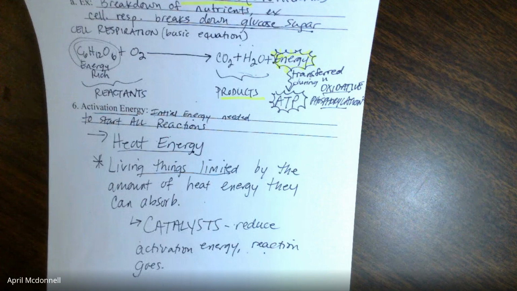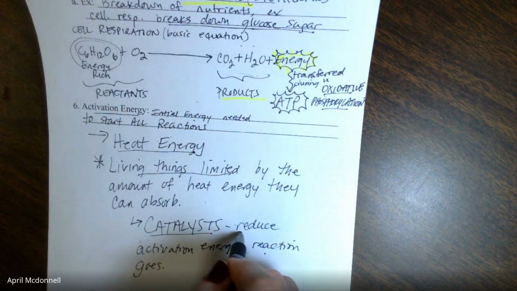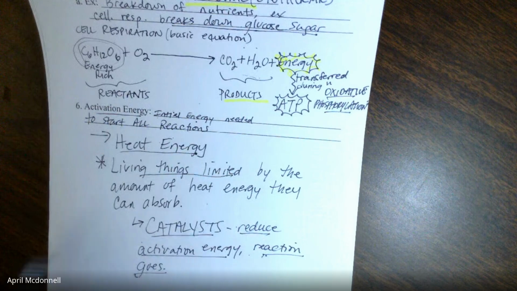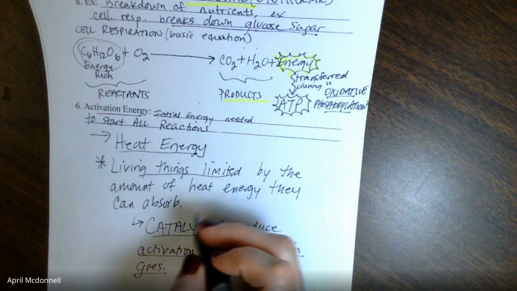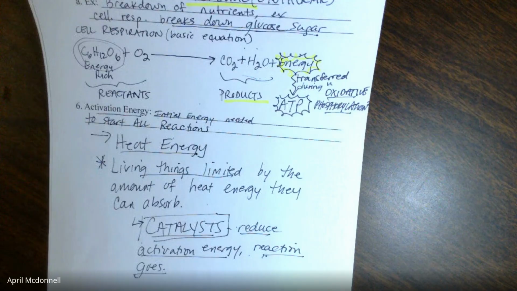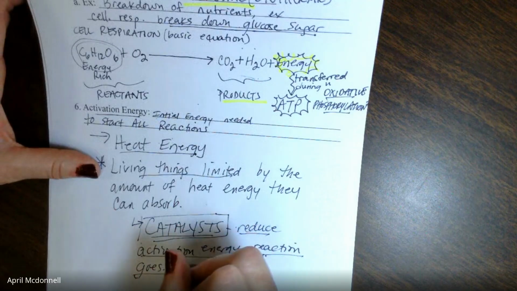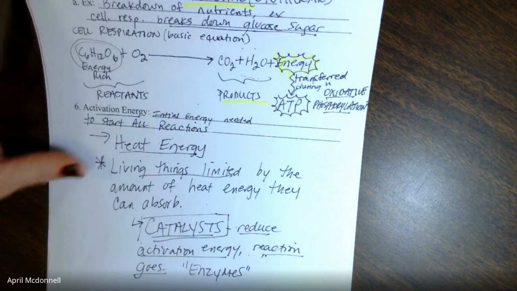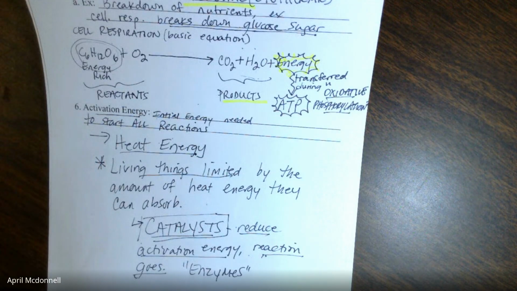So living things have to have a workaround called a catalyst, which will reduce the activation energy that is needed and basically jumpstarts the reaction. We're going to talk more about the specific type of catalyst that living organisms need pretty soon within the presentation. In living things, those catalysts are going to be called enzymes.